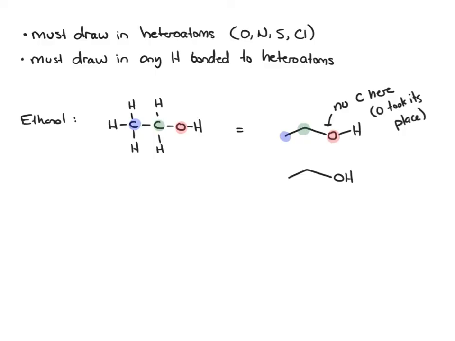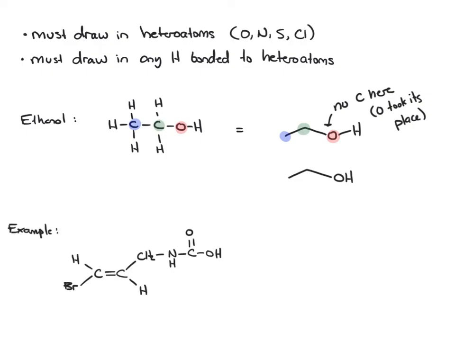The oxygen took its place. That's a common misconception sometimes people will make, to think there's a carbon here and an oxygen. No, the oxygen took the carbon's place. You just have a carbon here and a carbon here. The second rule, you must draw in hydrogen bonded to heteroatoms. So since this oxygen has an H, you have to draw it in. You can't leave it off.